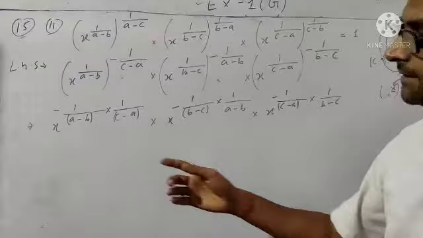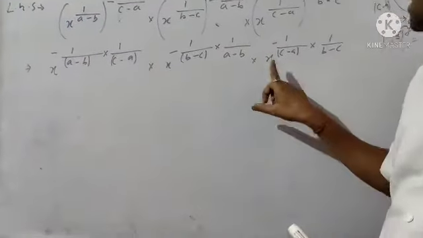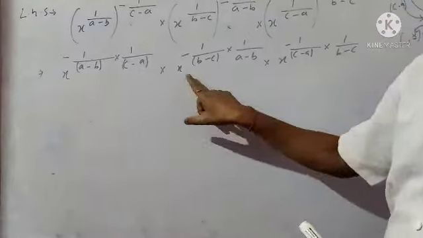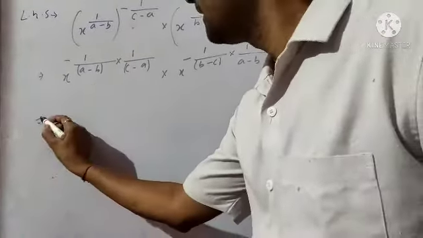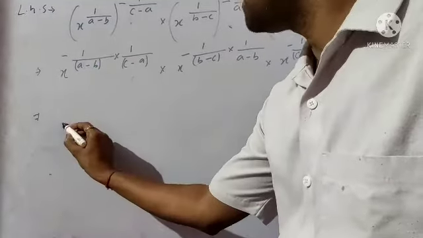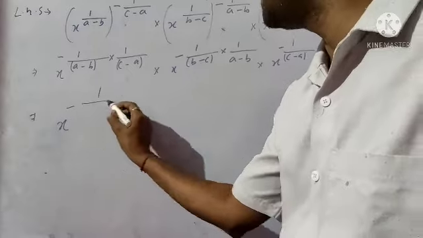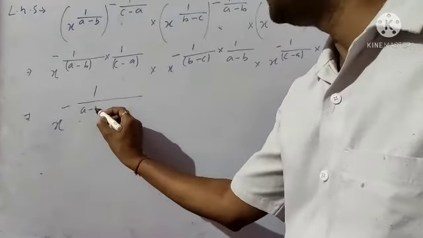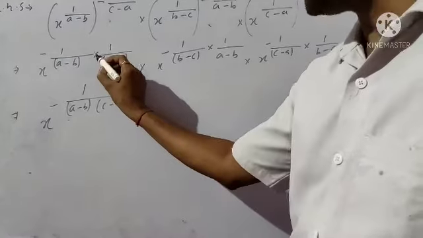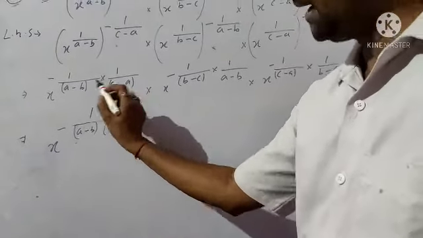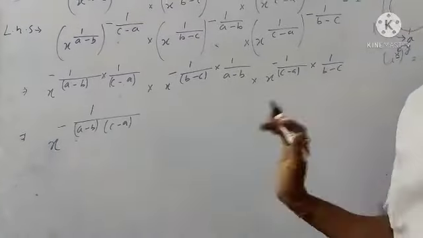Look at here student. If base is equal, here the base is x, x and x. Base is equal, then power is added. Okay. So write down here x to the power minus 1 by A minus B and C minus A, because here the operation is multiplication. So we can write both terms in a single way. Okay, like this.